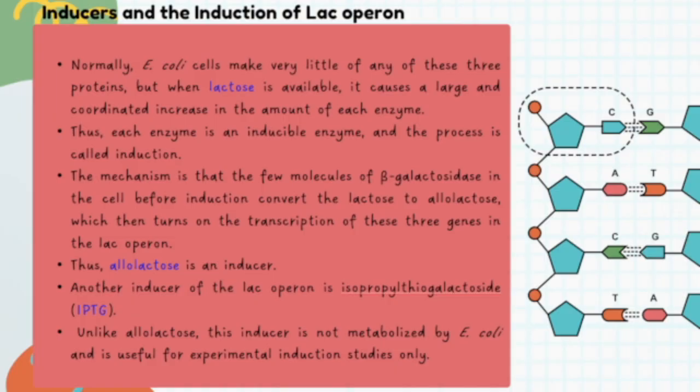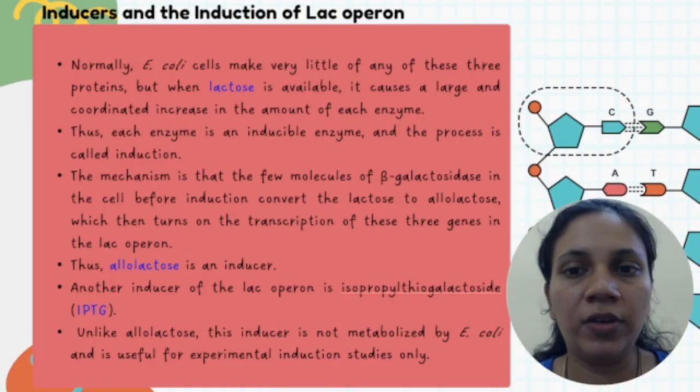So now let's move on to the next part and try to understand the inducers and the process of induction of Lac Operon, or the lactose operon. When we are using the term inducer, you will understand it better through the term influencers.